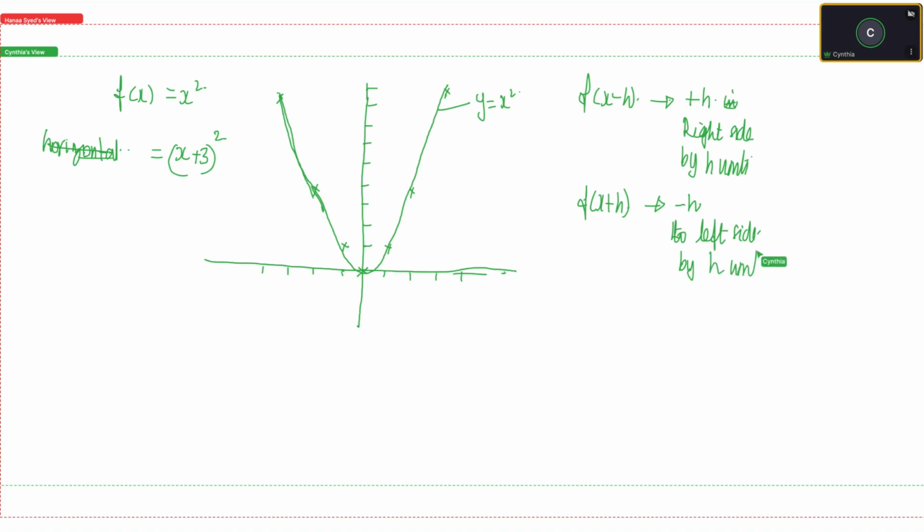So now x plus 3 the whole square. What happened? It's going to go left 3 units. This is a horizontal translation to the left by 3 units.